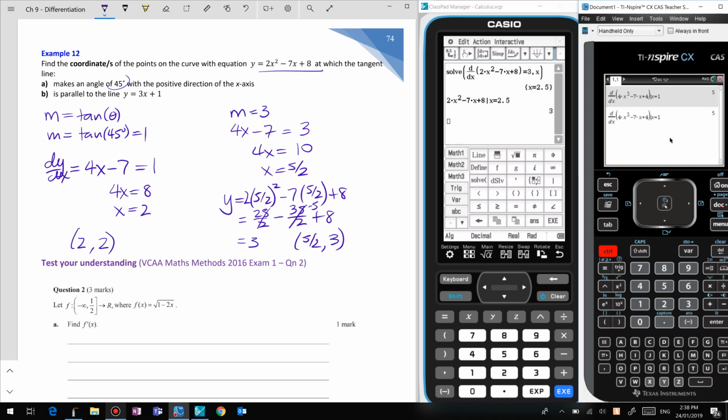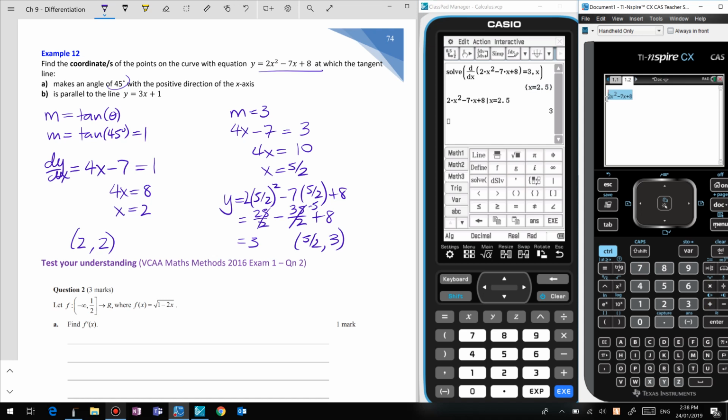Okay, on this CAS, I'm just going to add another page. So I've got 2x squared minus 7x plus 8. Now, if you don't know, you can push Control A on your keyboard and that'll highlight everything.